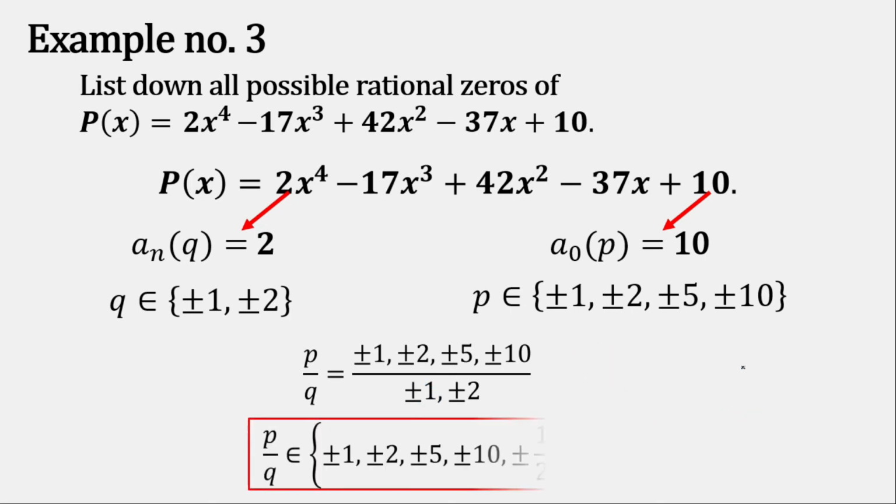So the list of our possible zeros is the following: positive negative 1, positive negative 2, positive negative 5, positive negative 10, positive negative 1 half, and positive negative 5 over 2. So that's all for this example.